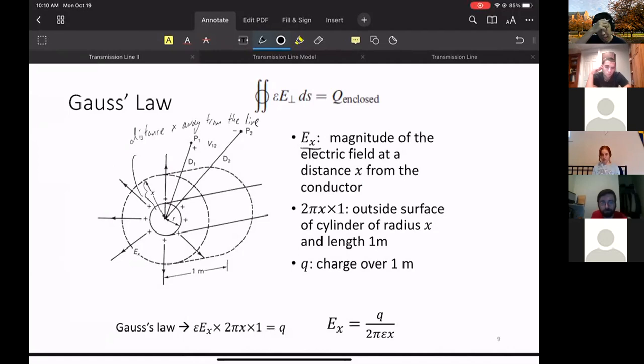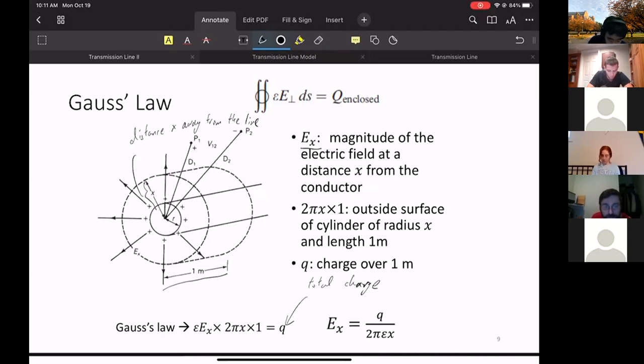Basically, Gauss's law says the following. Consider a cylinder that's 1 meter long. I know this is the total charge inside the cylinder, inside the conductor.